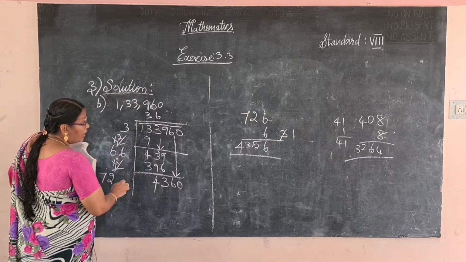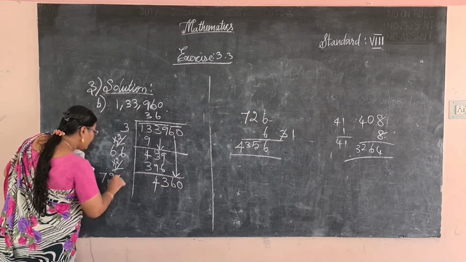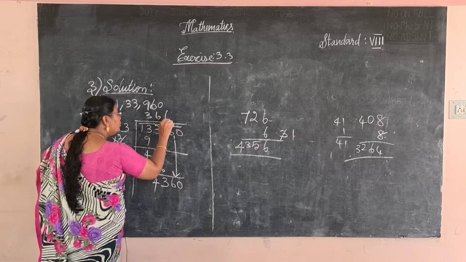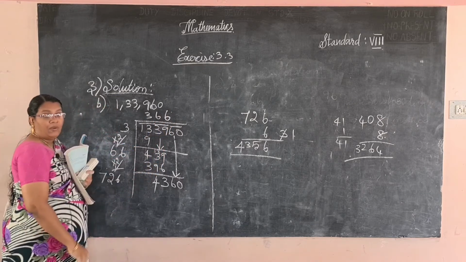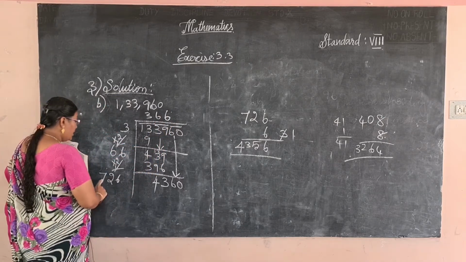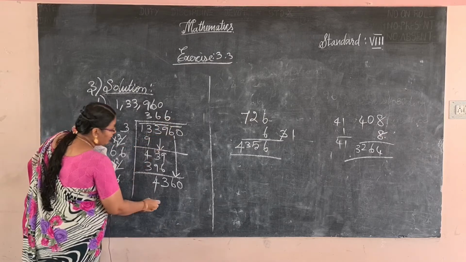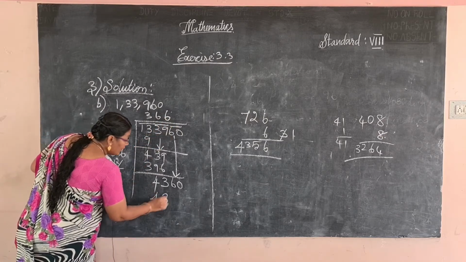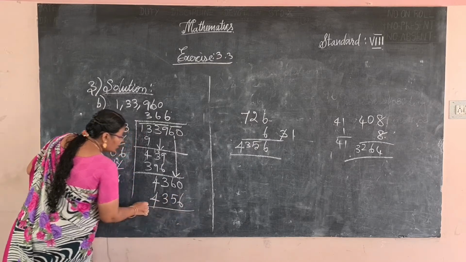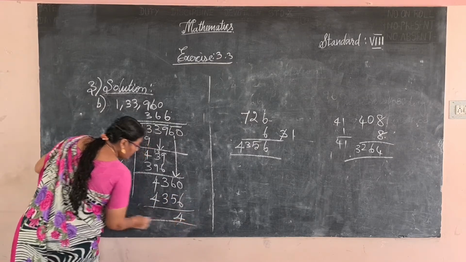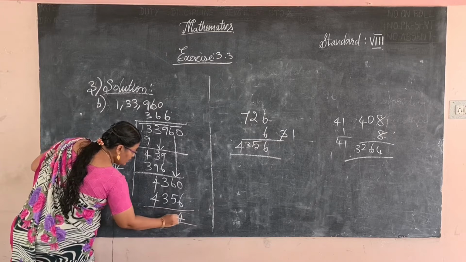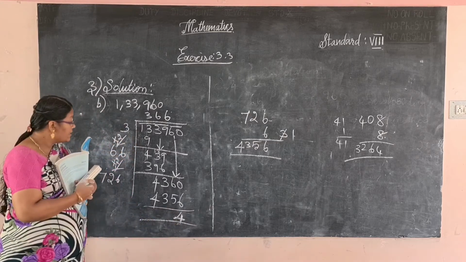So multiply the divisor 726 by 6, we get 4356. Sorry, the remainder is 4.